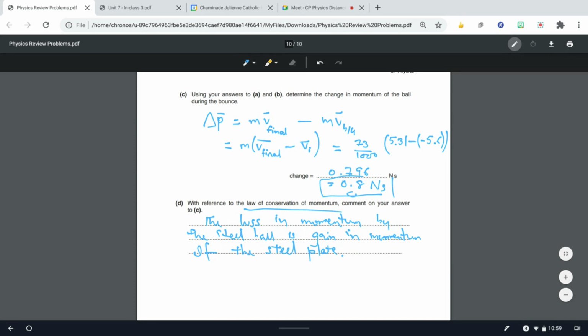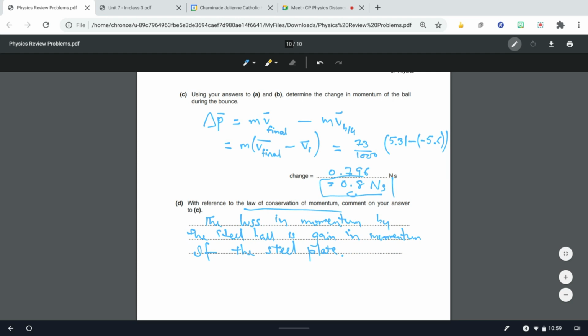The steel plate would move some, but because the steel plate is so heavy, you wouldn't really notice any movement compared to the steel ball. That's why you wouldn't notice it, but that momentum quantity is still conserved. Plus, there are other losses as well.